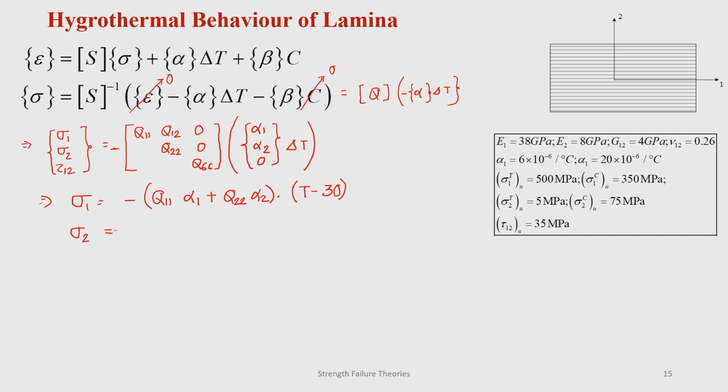Sigma 2 is equal to minus Q12 alpha 1 plus Q22 alpha 2 into T minus 30. And there is no tau 12. So, we have sigma 1, we have sigma 2.